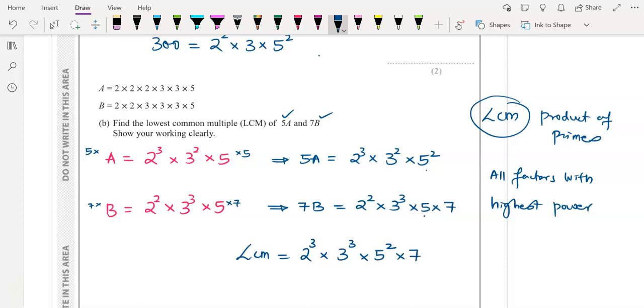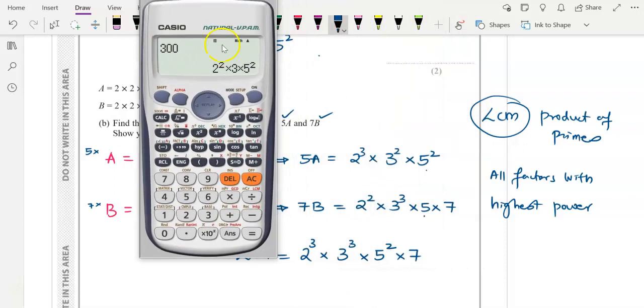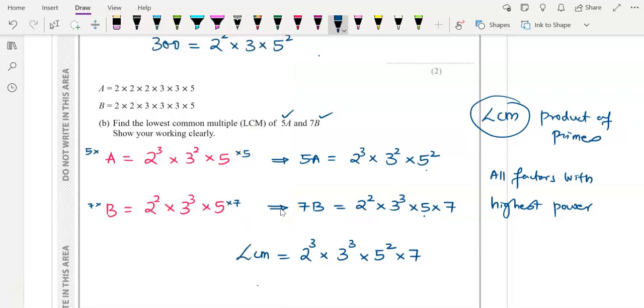Let's put this all in the calculator: 2 cubed times 3 cubed times 5 squared times 7. That gives you 37,800. So your LCM is 37,800.